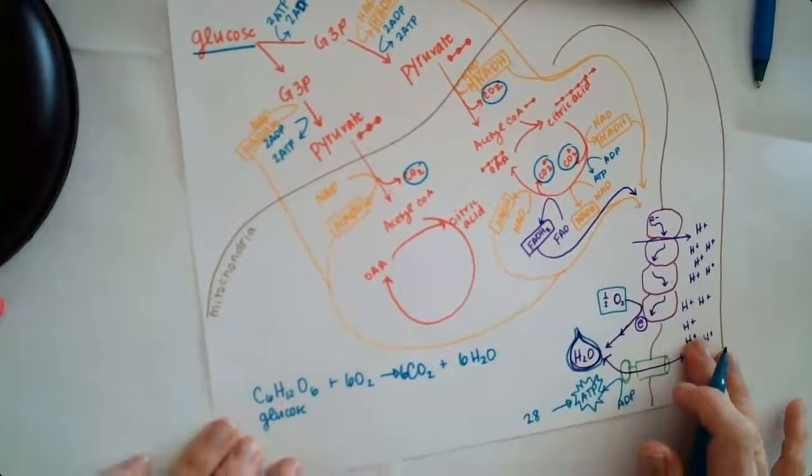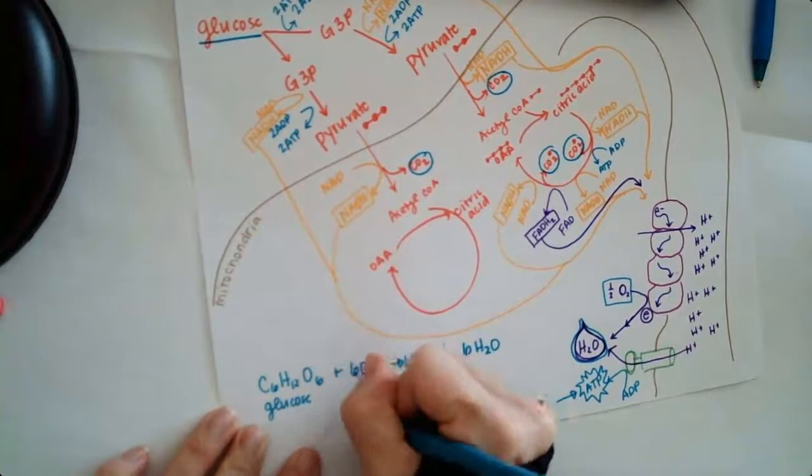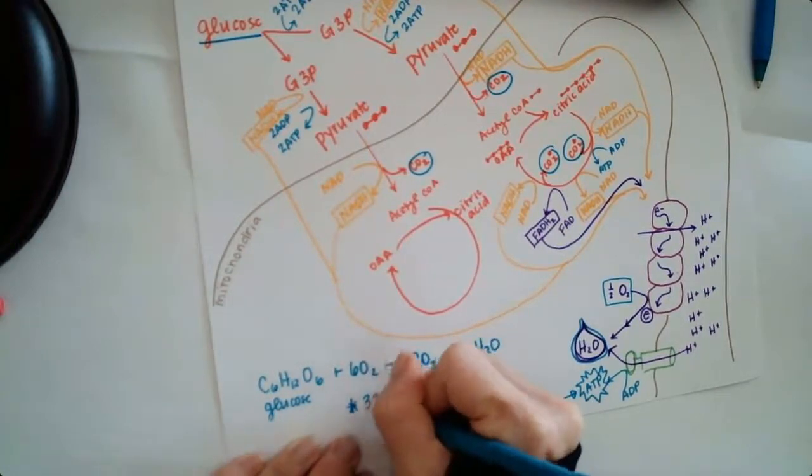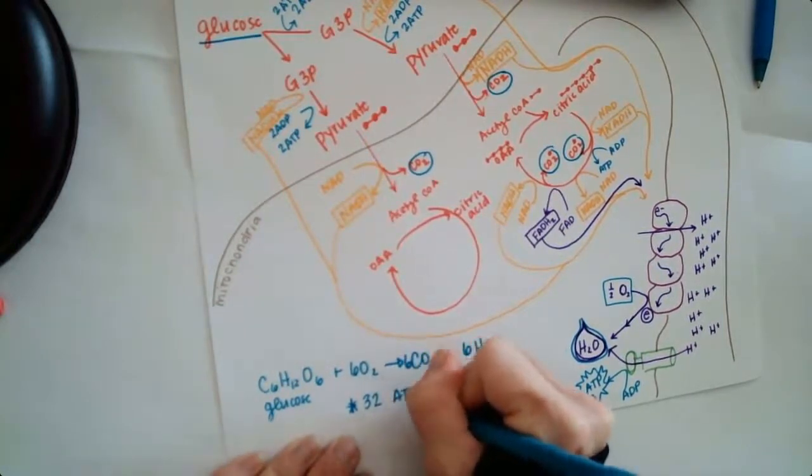And as a byproduct of all of this, we see the production of 32 ATP molecules.